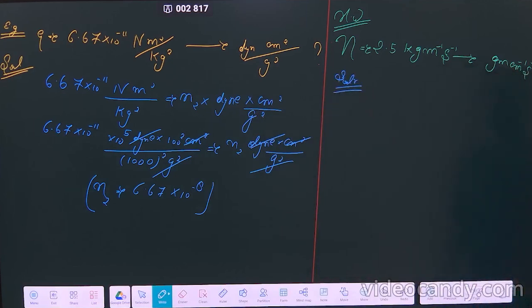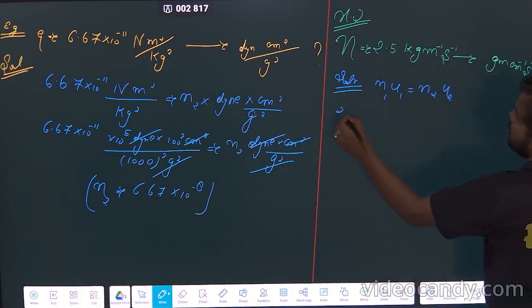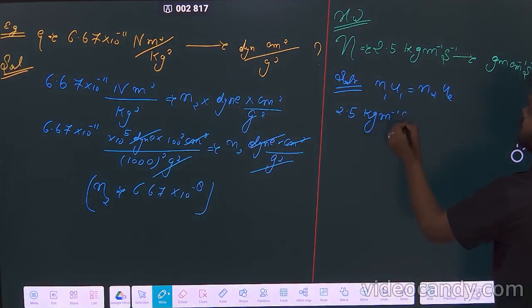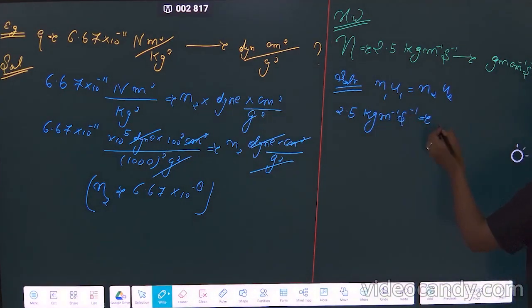So what is this? I have to convert into another unit. Just apply the formula: N1 U1 is equal to N2 U2. This will be 2.5 kg meter minus 1 second minus 1 is equal to some N2 centimeter inverse second inverse.